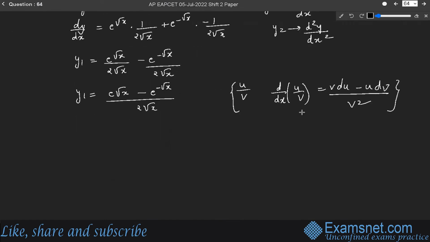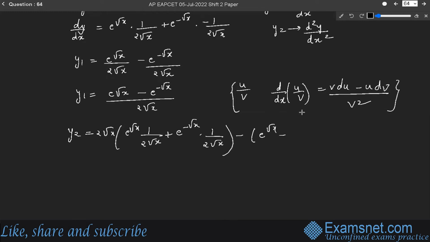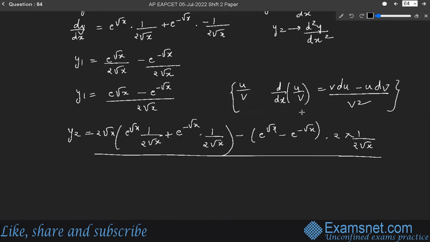So applying the same formula here, when we differentiate y1, it will be y2. y2 will be equals to 2 into under root of x into e to the power root x into 1 upon 2 root x plus e to the power minus root x into 1 upon 2 root x minus e to the power root x minus e to the power minus root x into 2 into 1 upon 2 root x, whole divided by 2 root x whole square.